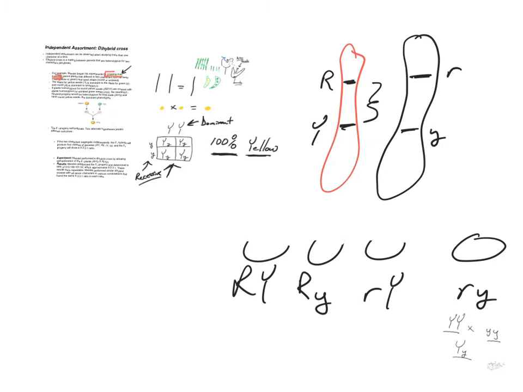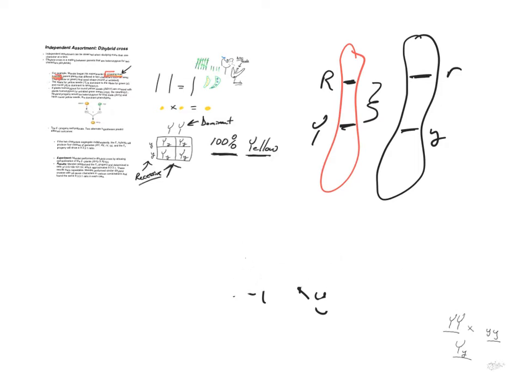Now, the problem is, and this is again something that Mendel got very lucky for, if these two genes are on the same chromosome and they're close to one another, it's unlikely that they'll be crossing over. So if Y were here instead of all the way down there, there's not going to be a lot of chance of crossing over, because crossing over is random.